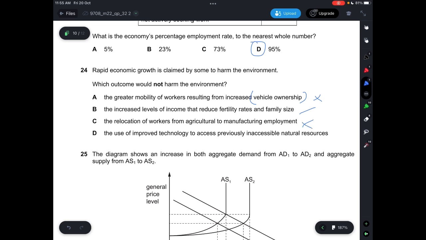And D, the use of improved technology to access previously inaccessible natural resources. If you use the natural resources, it will result in raw materials being used up. It could be non-renewable sources, but in most cases, it is non-renewable sources. So D is incorrect, so the answer is B, for the reasons I mentioned just now.